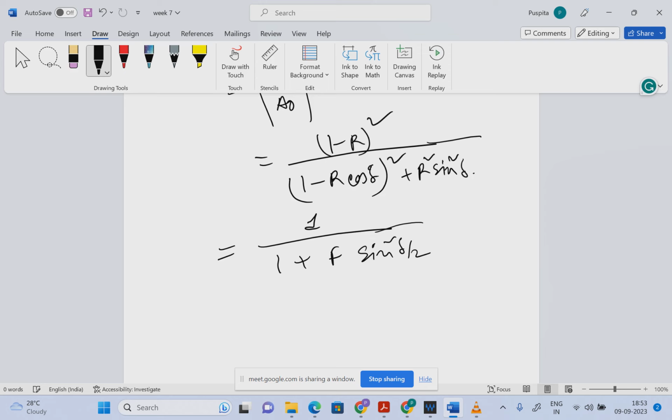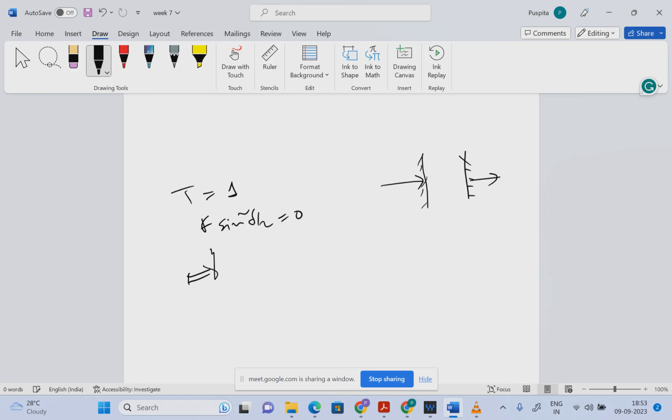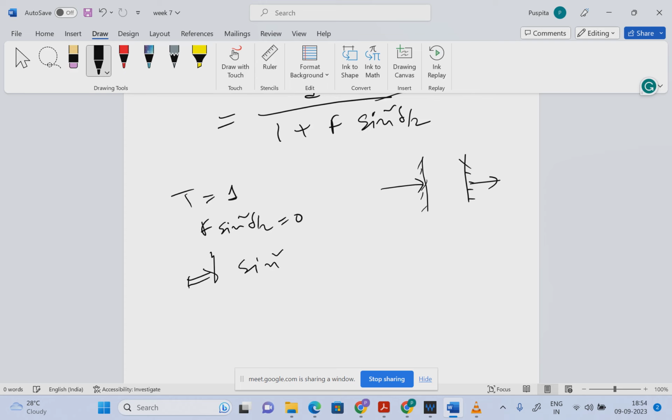Another thing, transmission will be 1, which means that whatever goes inside the Fabry-Perot etalon, we get outside the same, when F sin square delta by 2 will be 0, which means sin square delta by 2 should be 0.